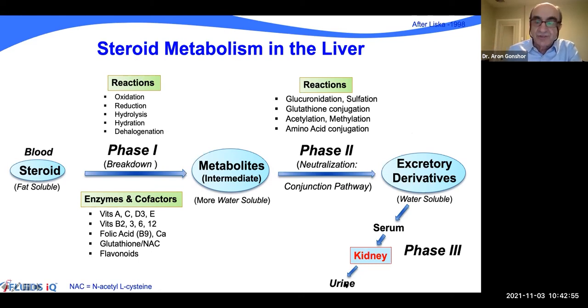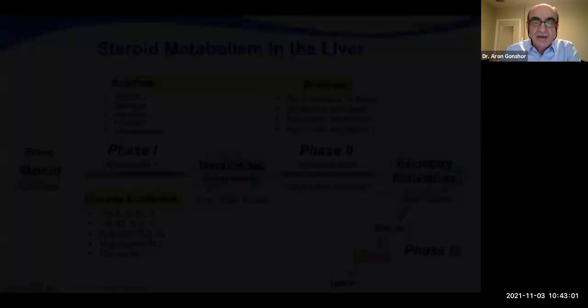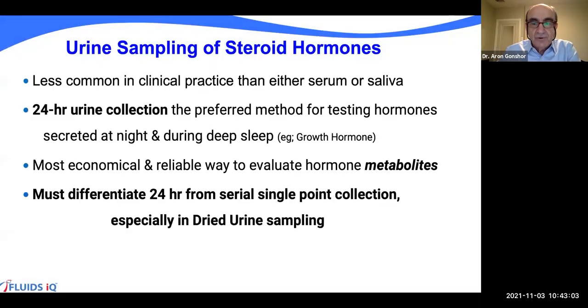And that's what you're seeing when you're looking at any of the entities we're discussing today, when you look at them in urine. But you need to remember several things. Number one, urine in general has been less common in clinical practice than either serum or saliva, for that matter, when you're talking about hormones. And for the most part, when in the medical community you're talking about urine sampling, you're looking at 24-hour urine collection.